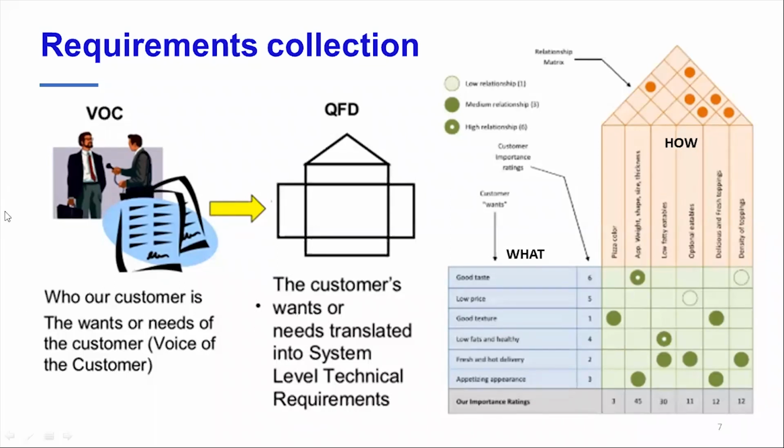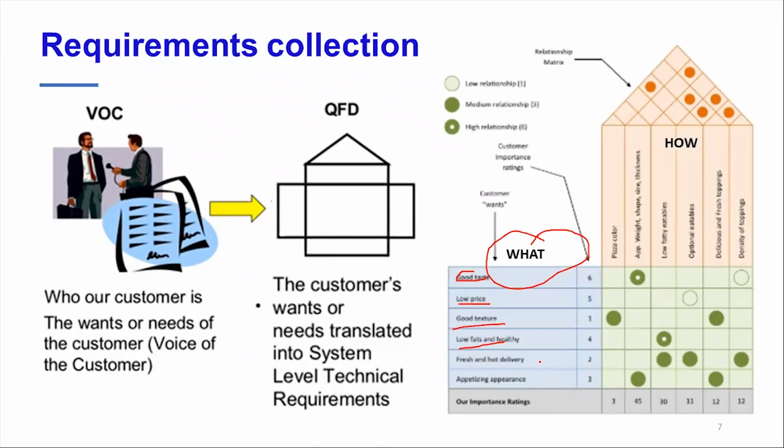This is more of converting those requirements, the whats, which are coming from customers. This example here is a very simple example of pizza. They say it should be of good taste, low price, texture, maybe no fat or low fat, and then fresh and hot delivery, and so on.